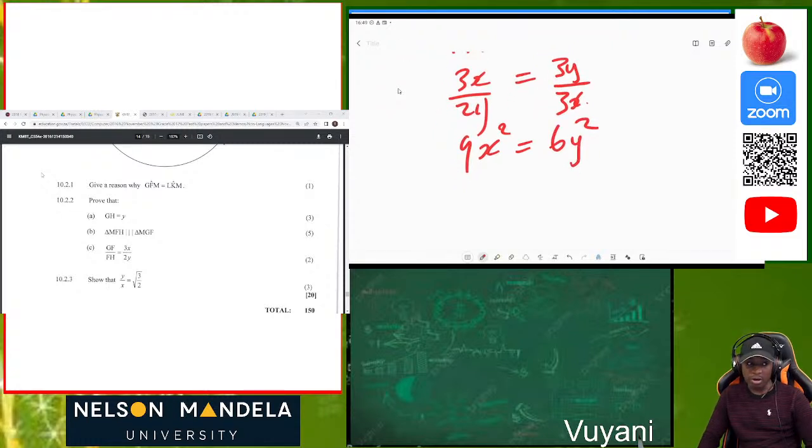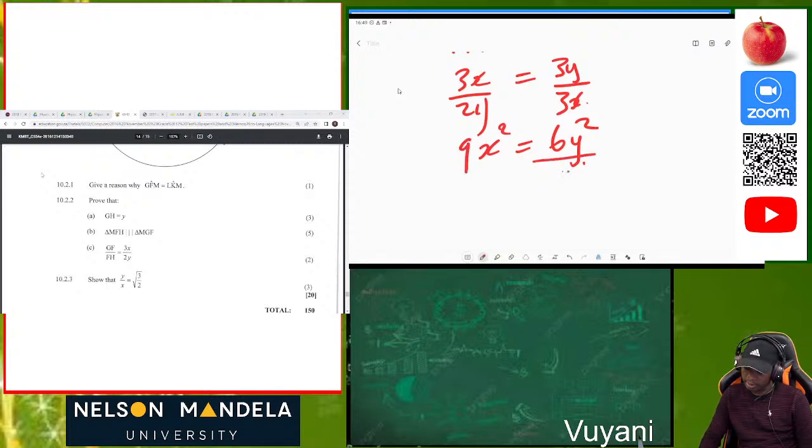Then we must show y over x. So let's divide both sides by 6. Now let me do this step by step so that you don't get confused.